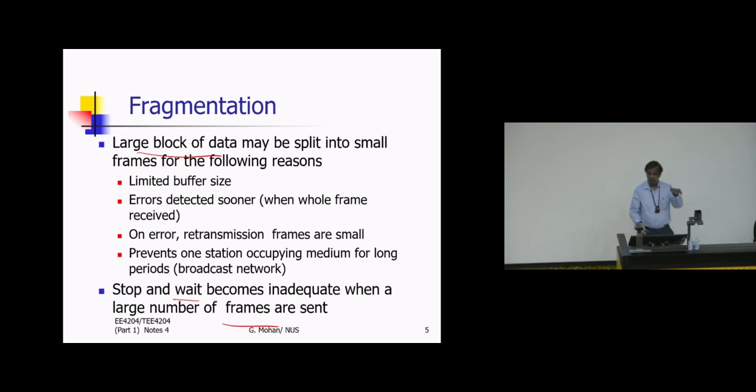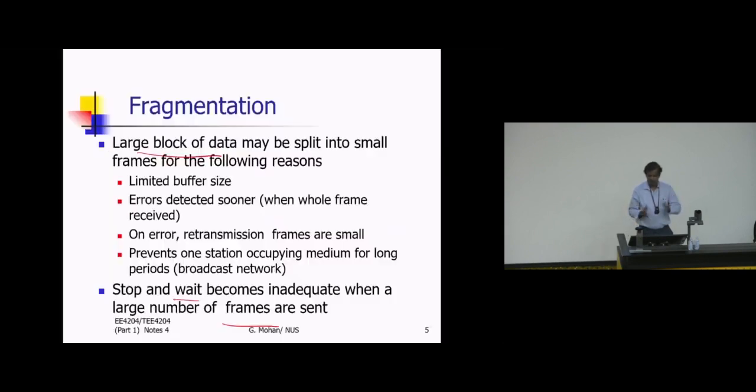For example, a file, an image file, a video or movie file, or any email text. Short text is okay, but if it becomes longer and longer, the message may have to be split into a large number of small frames.